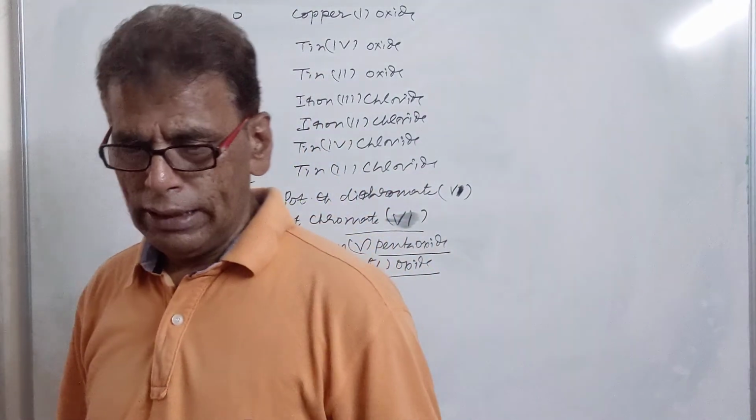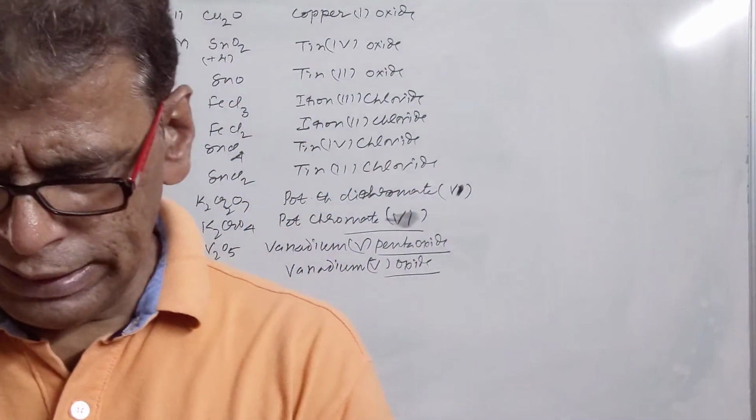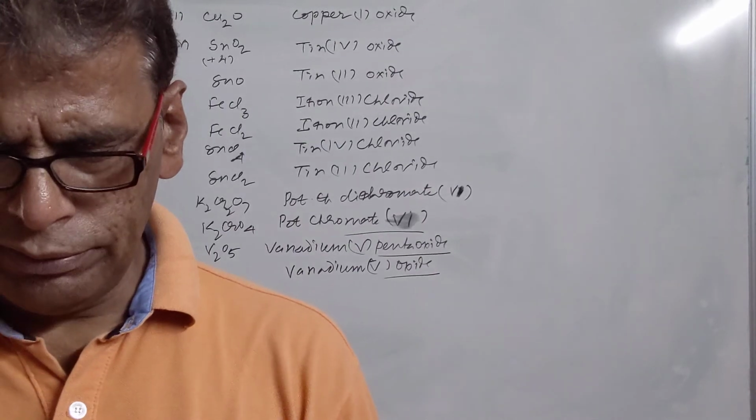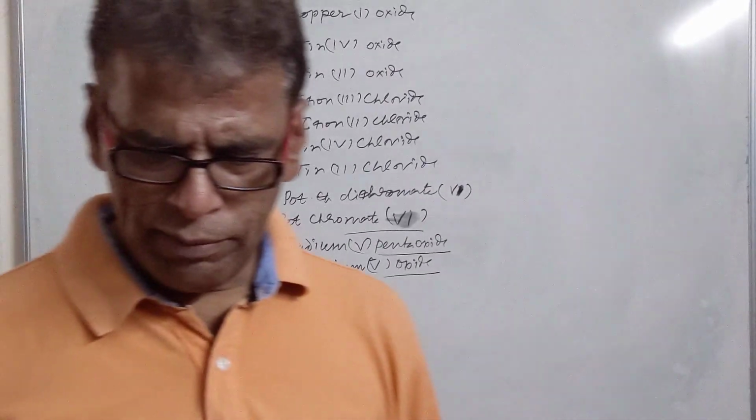So in this case, the oxidation number of the species is to be written just after the name of the metal.